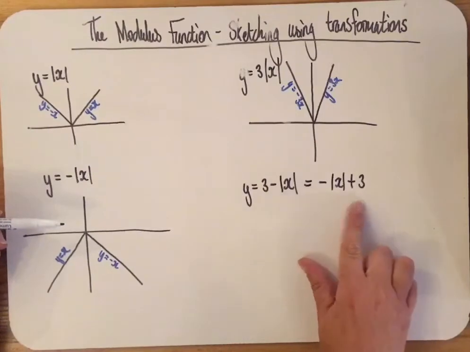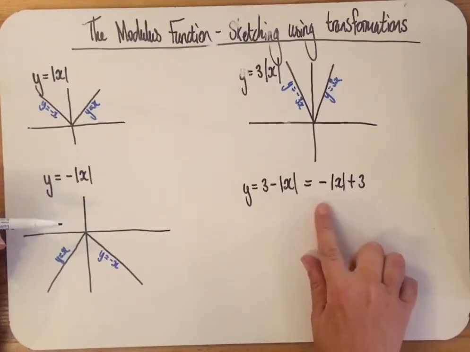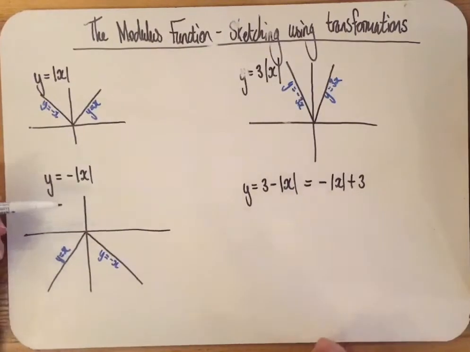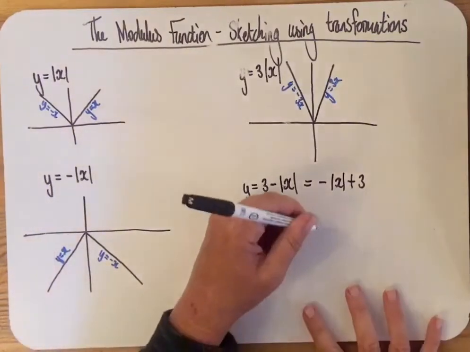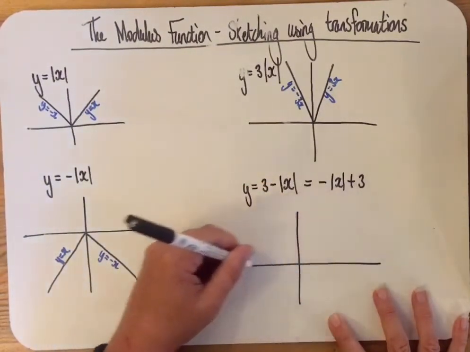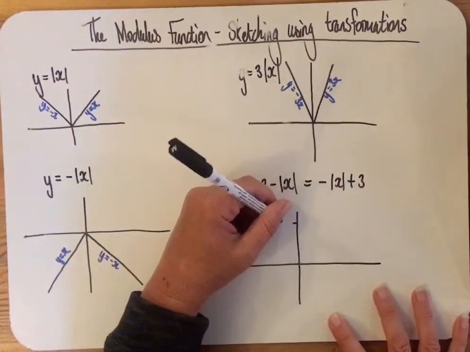You need to follow your order of operations here. So you'd multiply by minus 1 and then add 3. So you reflect and then you move up. So this goes up by 3.